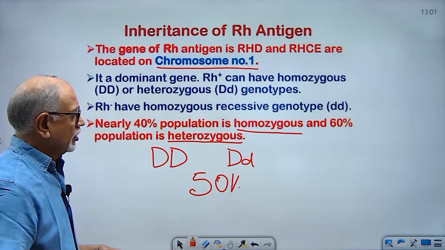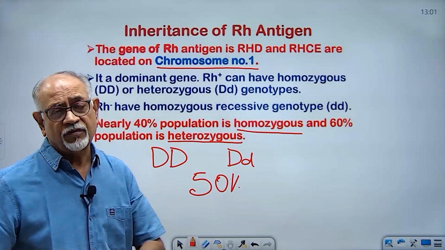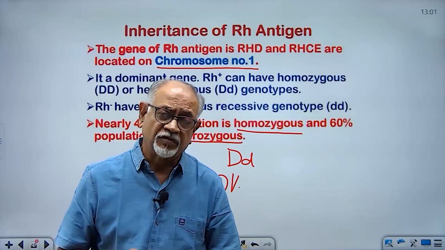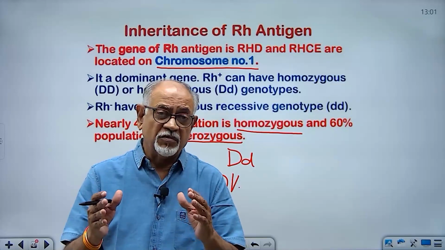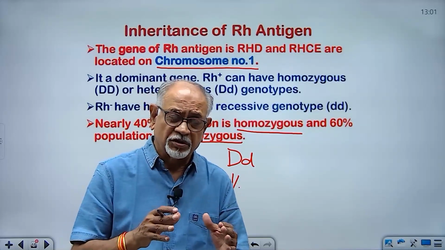So, there are always chances that an RH negative female may conceive an RH positive child.